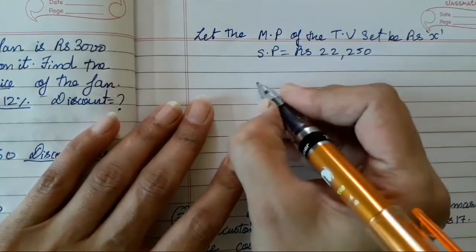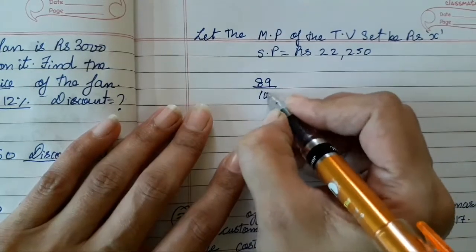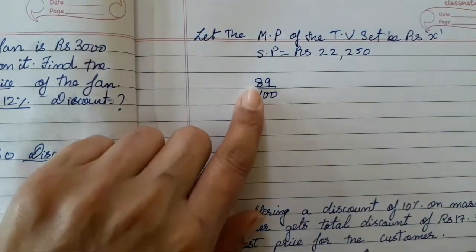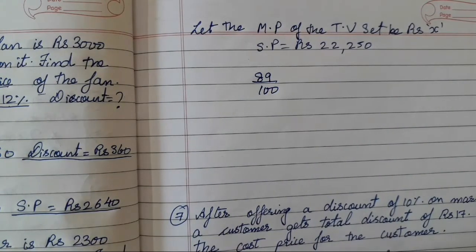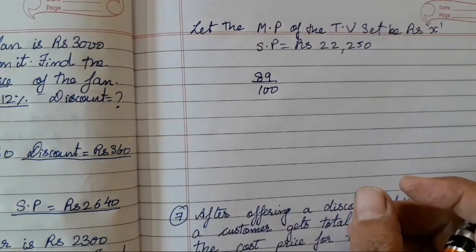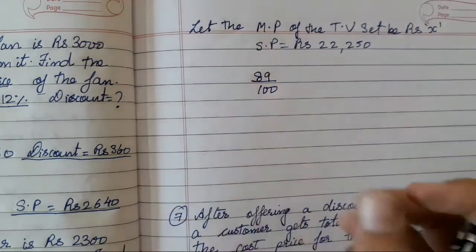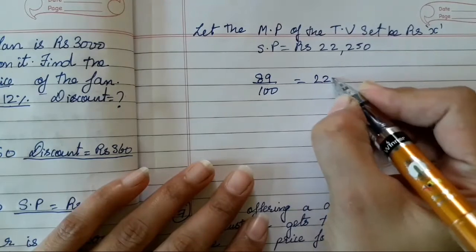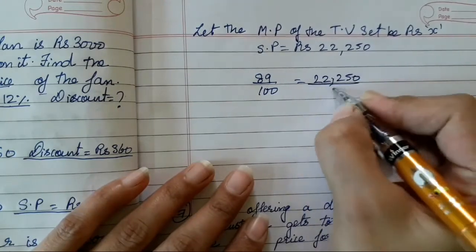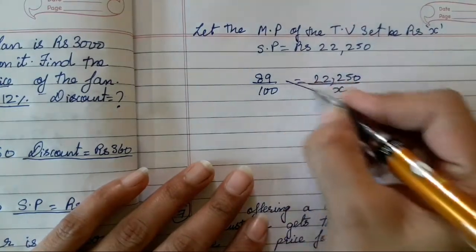Now according to the formula, 89 upon 100. Now from where did we get 89, children? You will wonder. So 100 minus 11, you will get 89. That is equal to the SP upon X. Okay, cross multiply it.